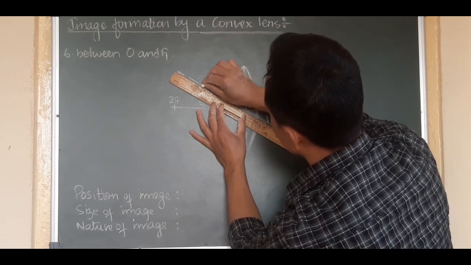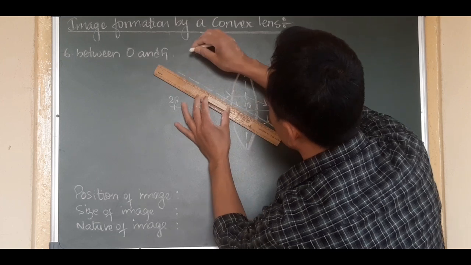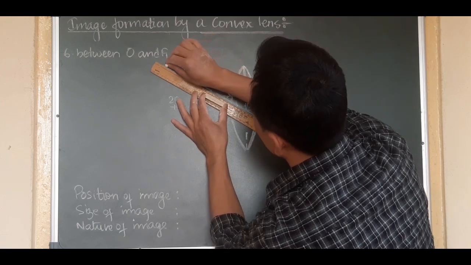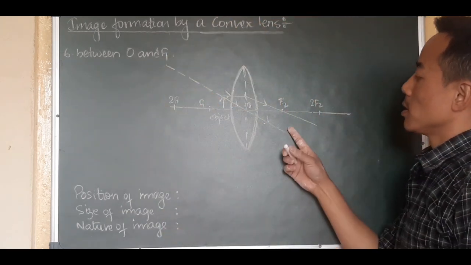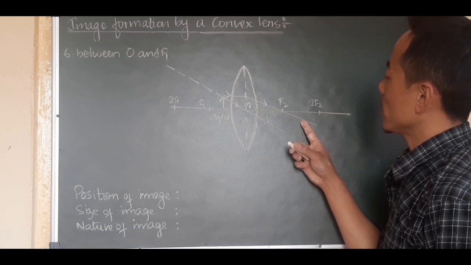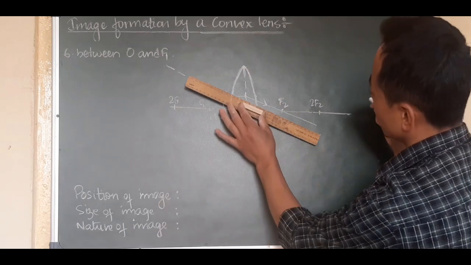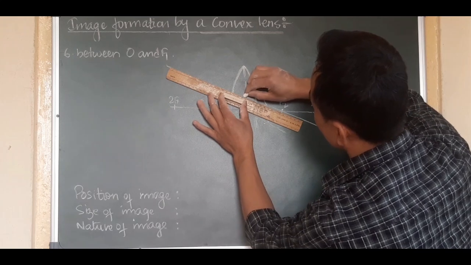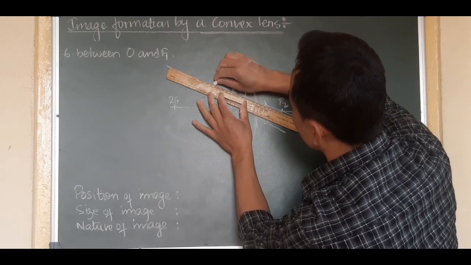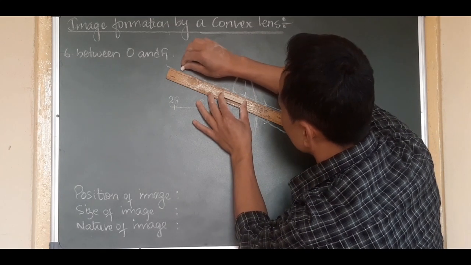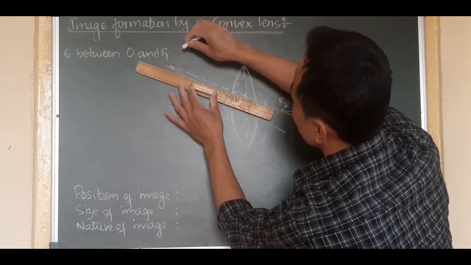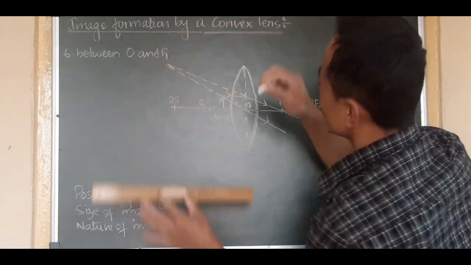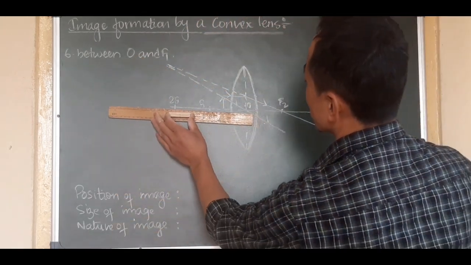Remember, we are producing these refracted rays in the backward direction, right? Similarly, we can produce this refracted ray backward. You just have to produce them in the opposite direction. At some point, you will see that the two refracted rays, when produced backwards, intersect each other.